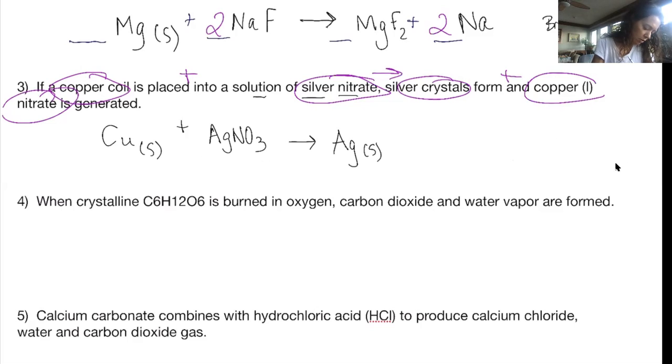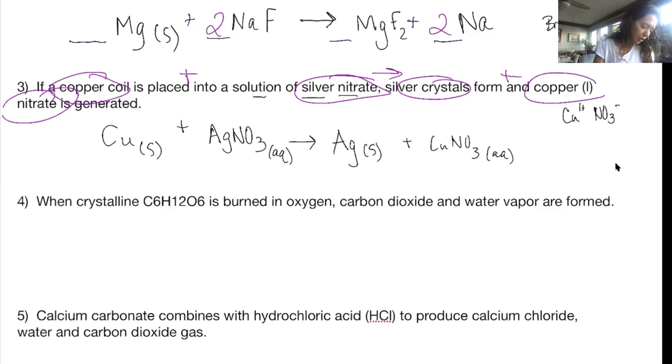This says a solution, so that's aqueous. And plus sign copper 1 nitrate. All right, that's copper with 1 charge. Nitrate is also a 1 charge, CuNO3. That would be a solution, and there's no way you would not be expected to know that right now, okay?